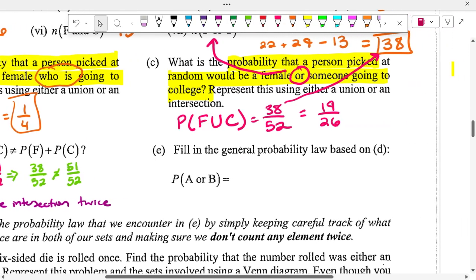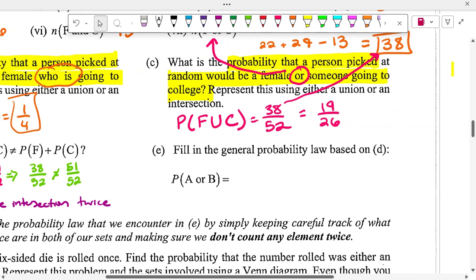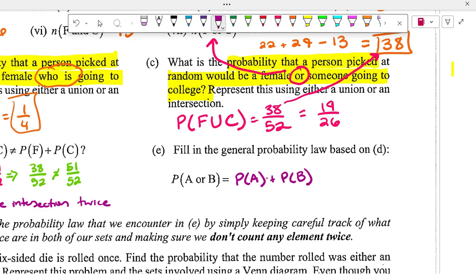So just like when we're doing the numbers, the general probability law for OR statements is you take the probability of A plus the probability of B, and then since they're going to count that intersection twice, you subtract out one of those intersections. So the probability of A and B. Couldn't we just add the males going to college plus the total females?